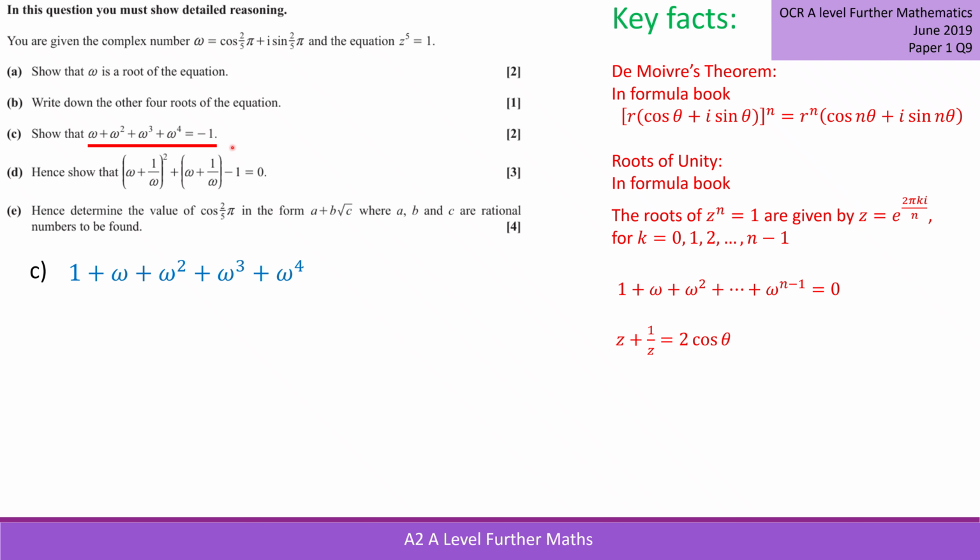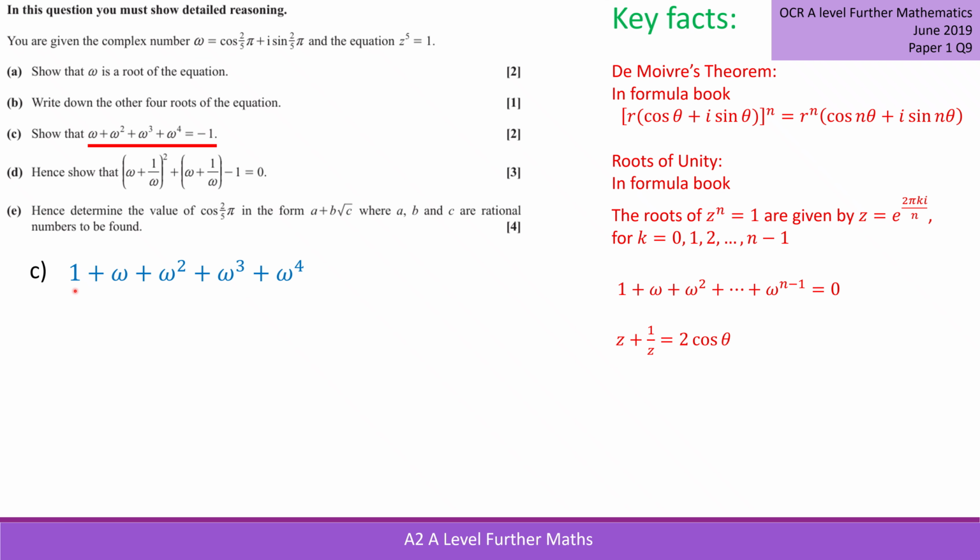So to start with, if I take all these roots, 1 plus omega plus omega squared plus omega cubed plus omega to the 4, we know the sum of those is 0, but we've got to show it. So we're going to look at the sum of this series, and this is a GP series, a geometric series.